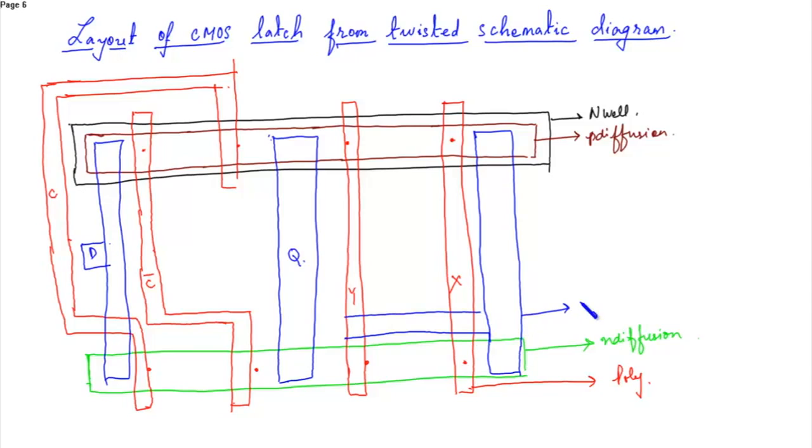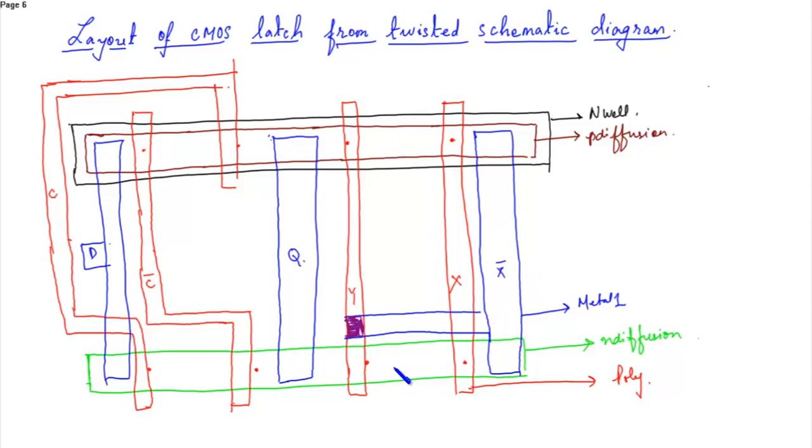This is your metal layer, metal 1, and we'll place a poly contact. Here there will be a poly contact over here. Okay, now this was output of X bar, equal to Y.